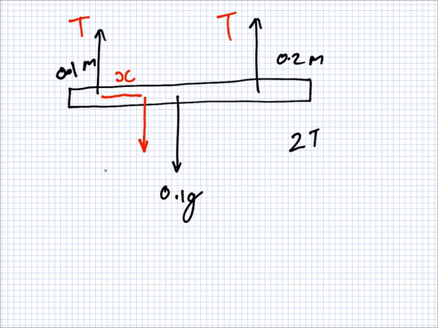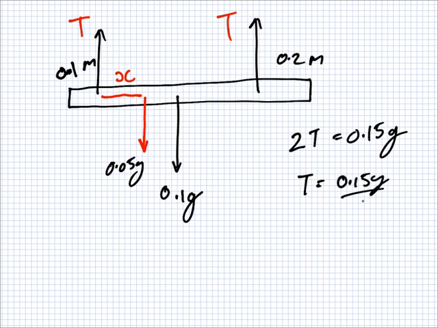And going down, it's 0.15 G. Well, I suppose I have the T at least, if that's helpful. 0.15 G over 2. But what I really want is the X.